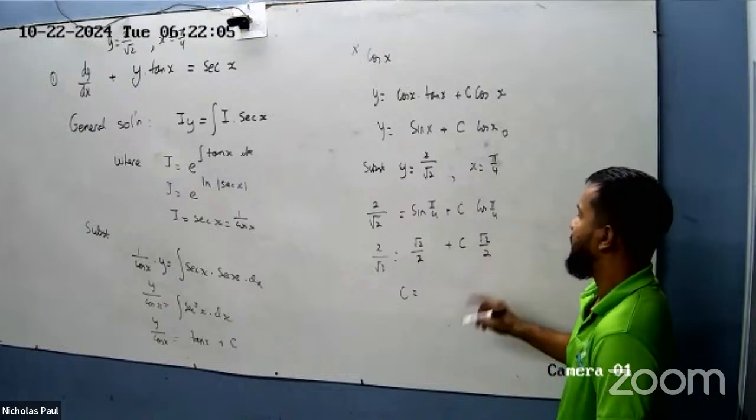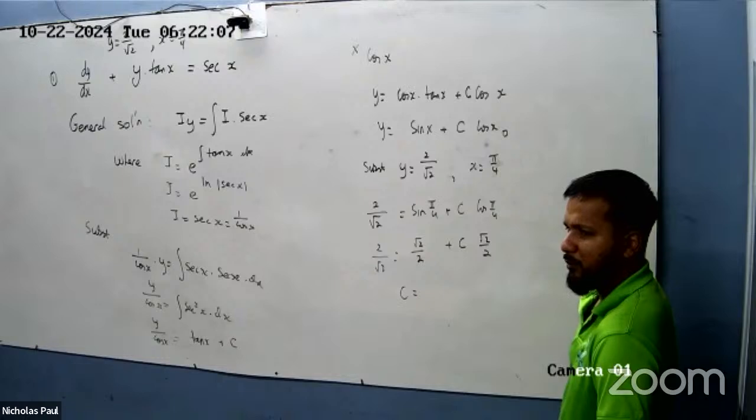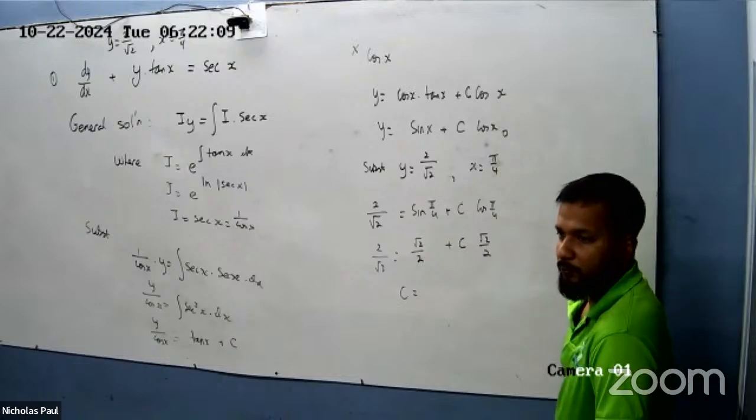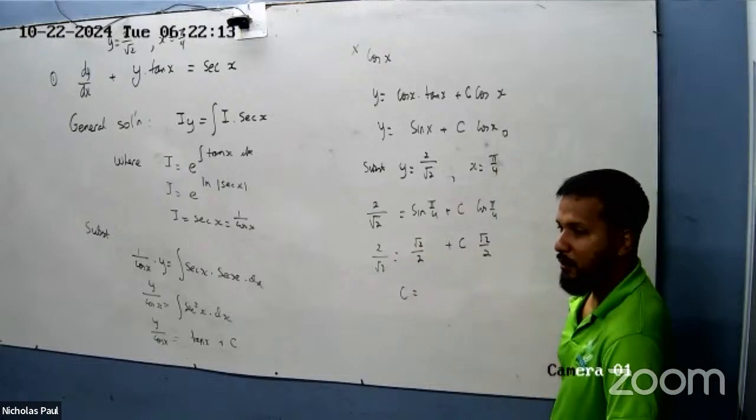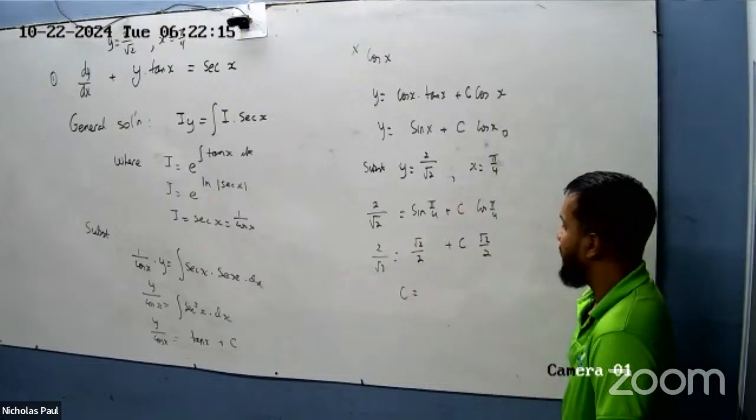2 root 2 minus root 2 over 2 is going to be 1. Yes? This minus is divided by this, and solve for c.